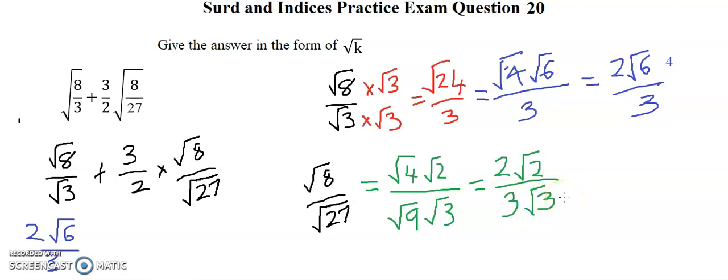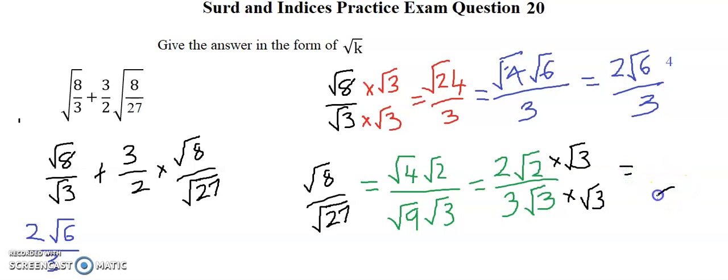Now that we've simplified it slightly, we also know that we do not want a square root on the bottom, so we need to rationalize. That means I am multiplying the denominator by square root 3, and I'm multiplying the numerator by square root 3. So square root of 3 times square root of 3 equals 3.